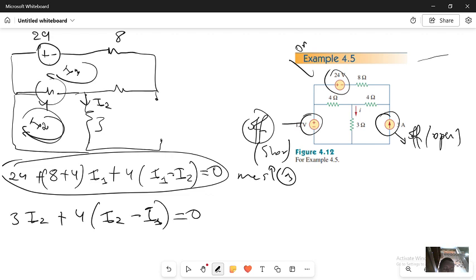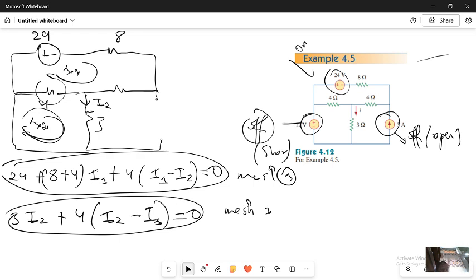So now you have the second equation, which comes from mesh 2. Now you have only two unknowns, I1 and I2. We will get the value of I1, we get the value of I2. The value of I2 is the same as the I2 we are looking for, because it's the same direction.